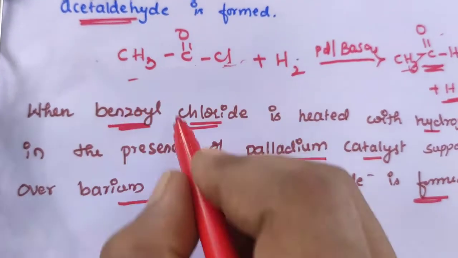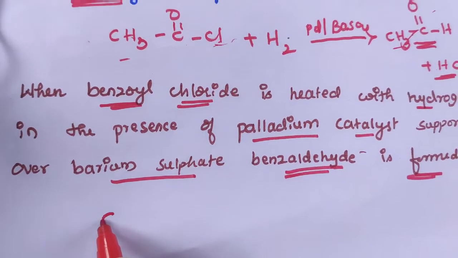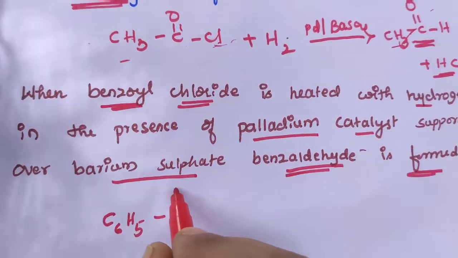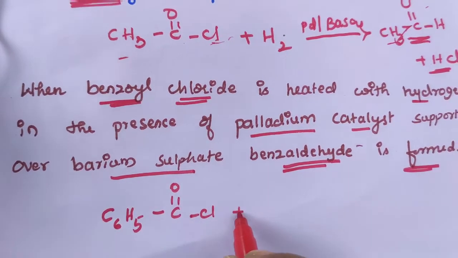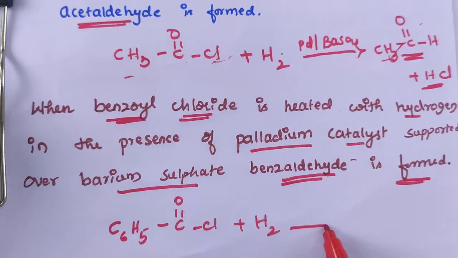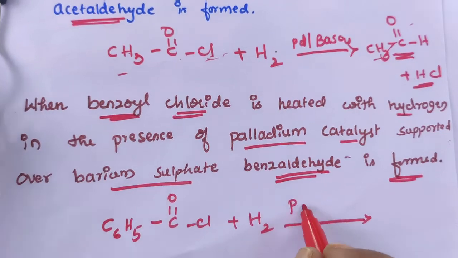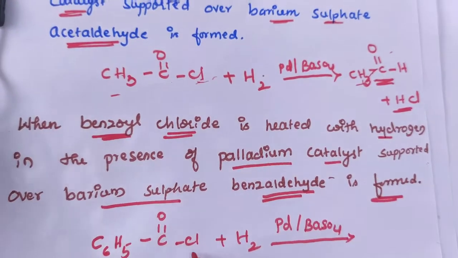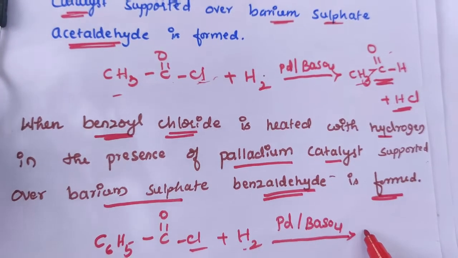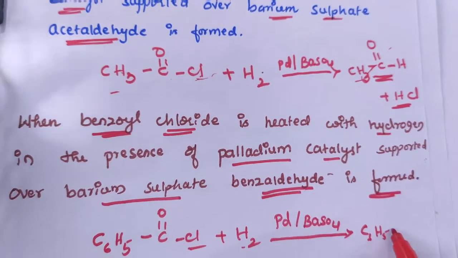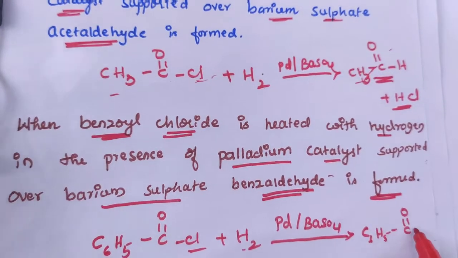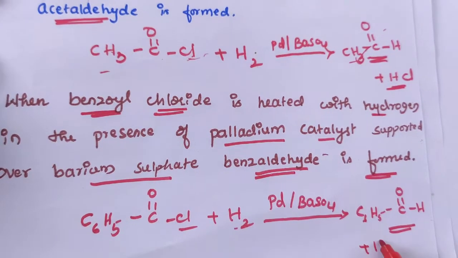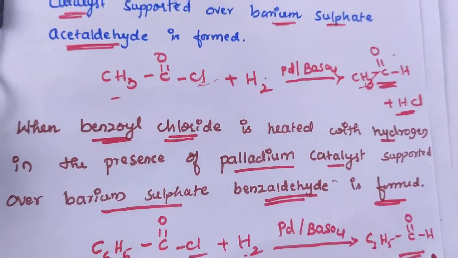In the place of CH3, we just replace it with the aromatic group, C6H5COCl. To this we add hydrogen in the presence of palladium over barium sulfate as a catalyst. In the place of Cl there is a substitution of H, giving C6H5CHO, which is called benzaldehyde, with elimination of an HCl molecule.